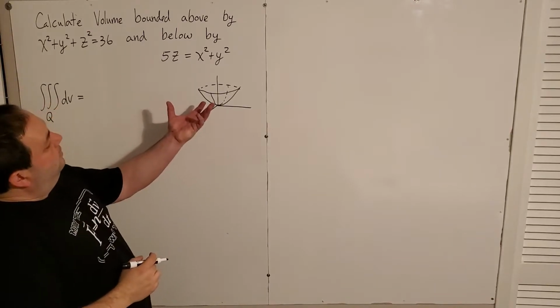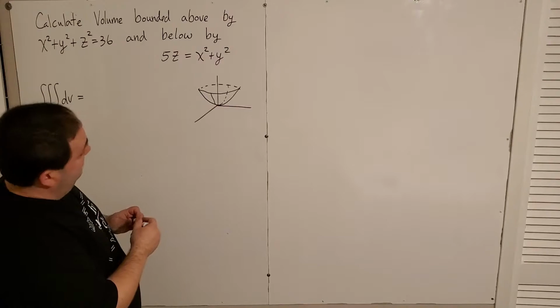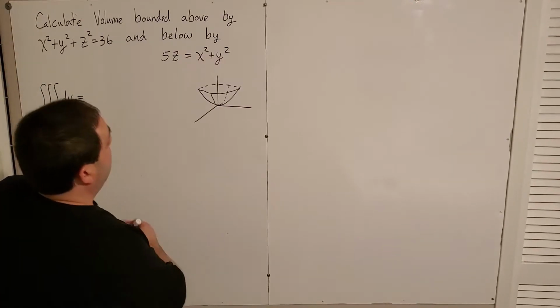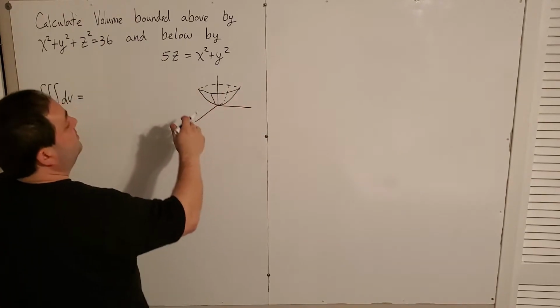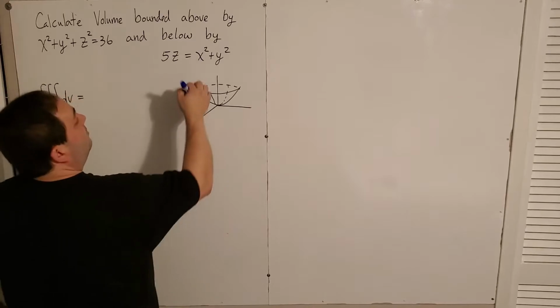So that's the paraboloid from underneath, and then it's supposed to be a sphere on top. The sphere has a bigger radius, though, than this guy, right?